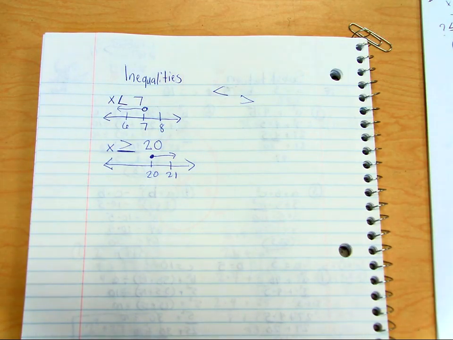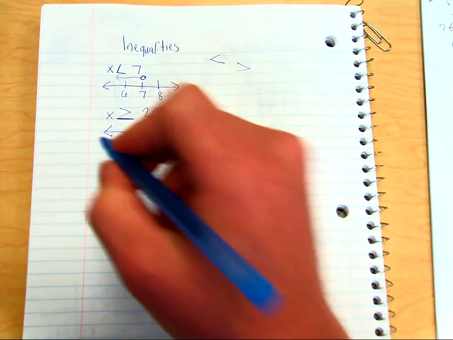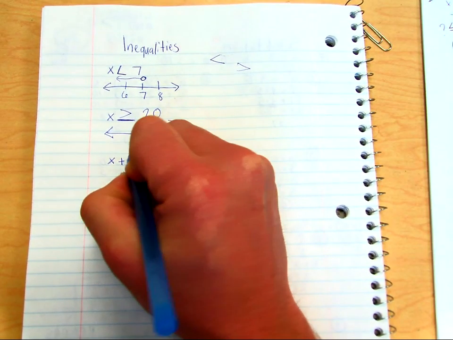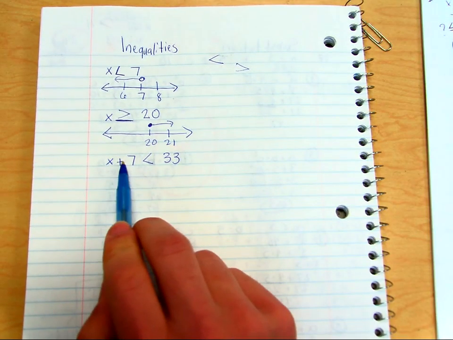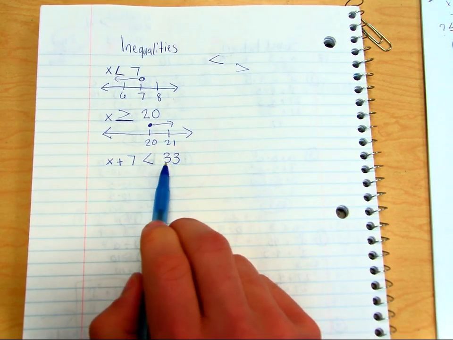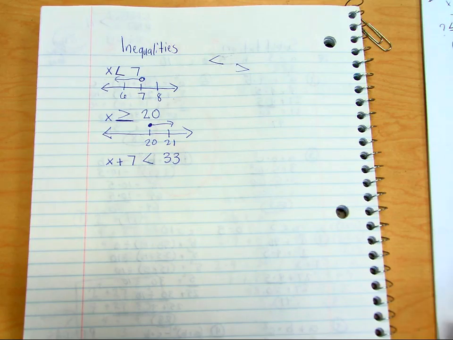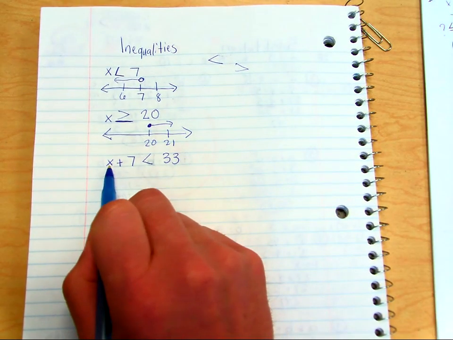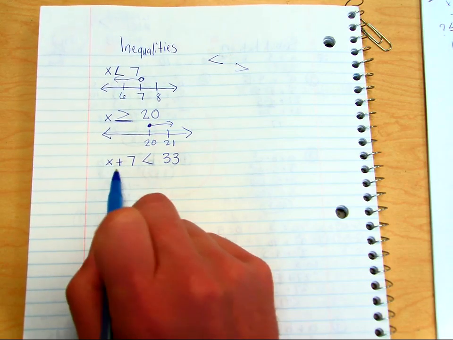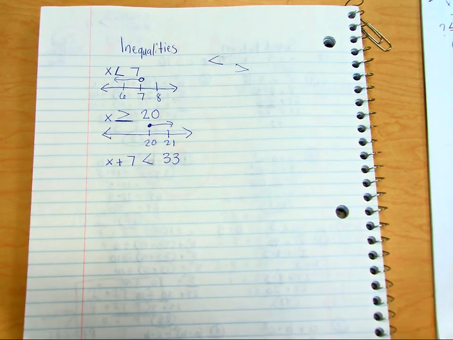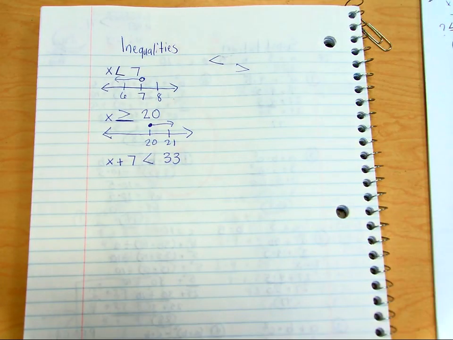Now I want to get into solving the inequalities, and that would be a case like x plus 7 is less than 33. So my goal here is to solve for x. I'm solving to see what possible values for x could work to make this inequality true.